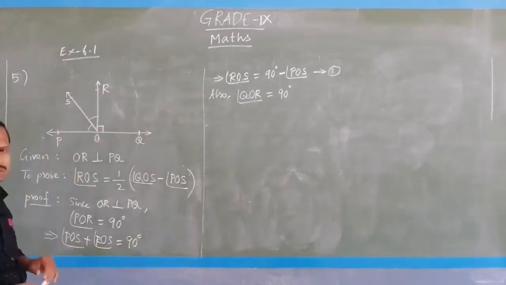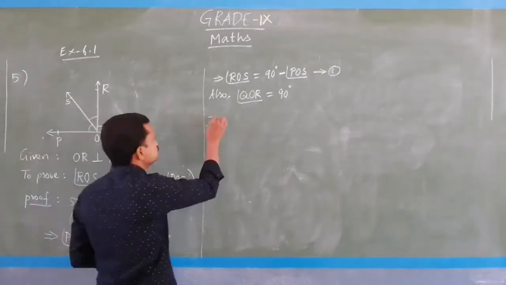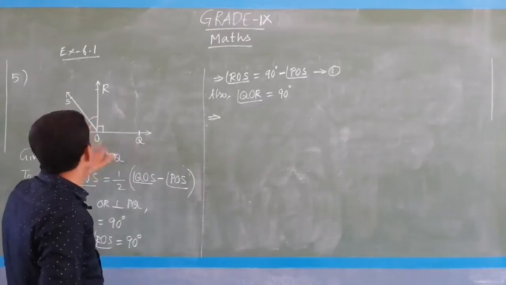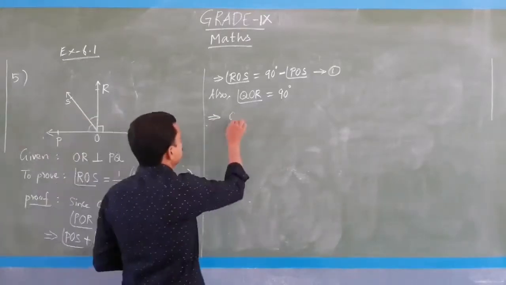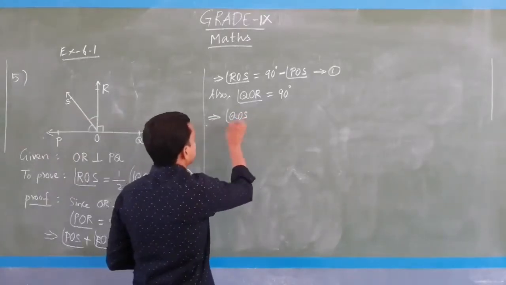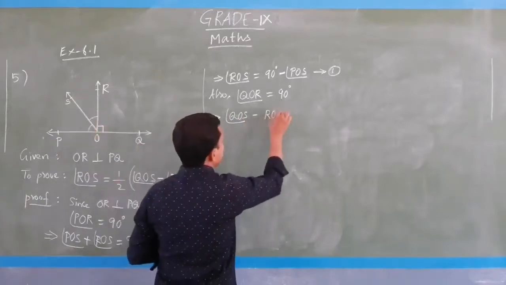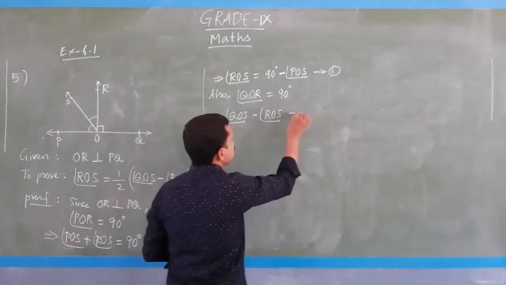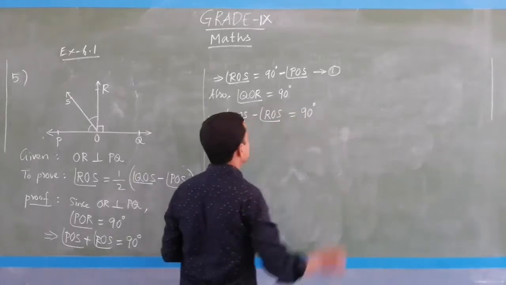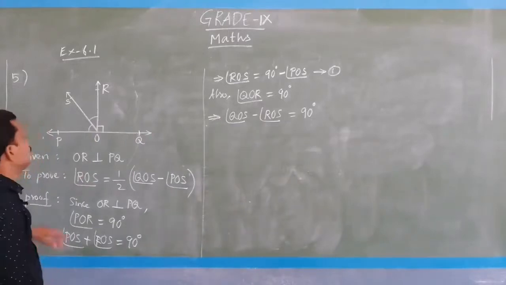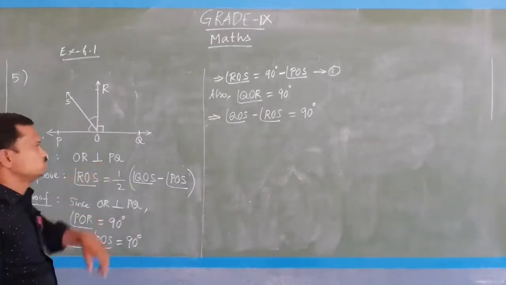Am I right? So this implies, just we are adjusting that, instead of QOR I am writing QOS, from that I am subtracting ROS, that also equals QOR. You just look at the figure, then you come to understand what I am telling. Now ROS is there, so you adjust that.